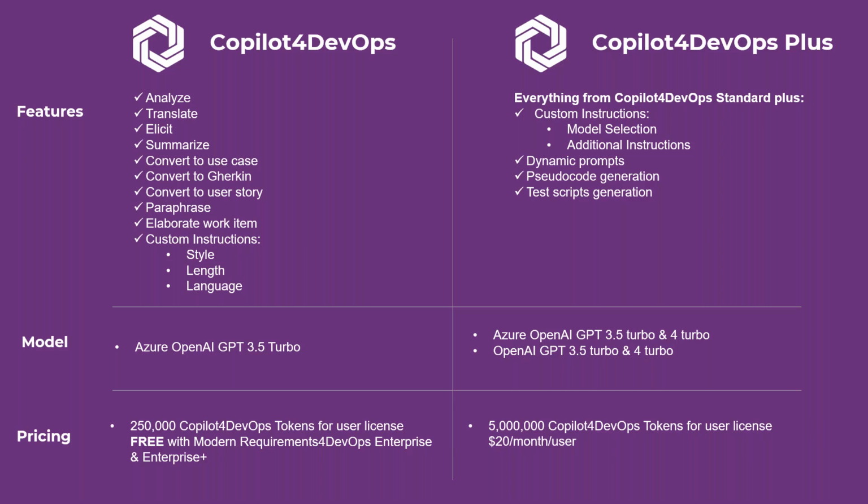On the left-hand side, the ability to analyze, translate, elicit, summarize, convert three different ways, paraphrase, elaborate, and custom instructions, all of those capabilities using GPT-3.5 Turbo, is available in the larger suite of Modern Requirements if you have an Enterprise or Enterprise Plus license. So everything on the left-hand side is already available. On the right-hand side are the additional capabilities that Copilot for DevOps Plus adds.